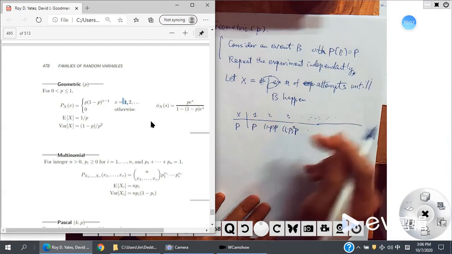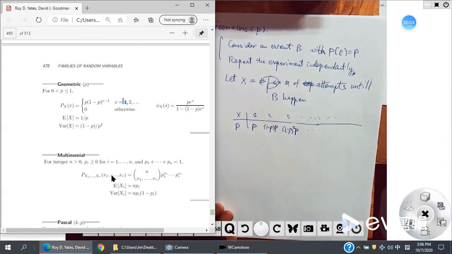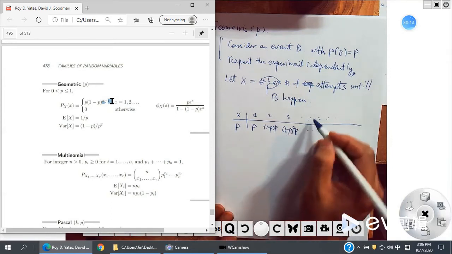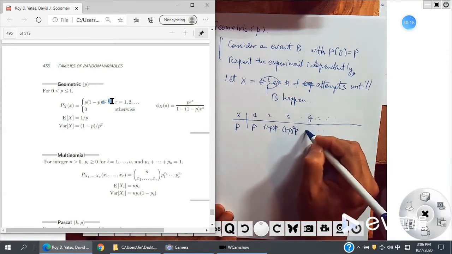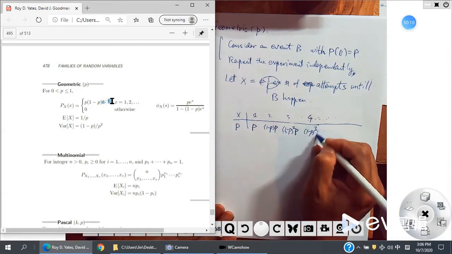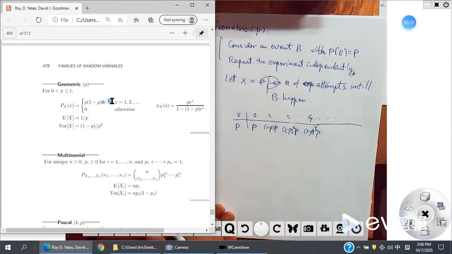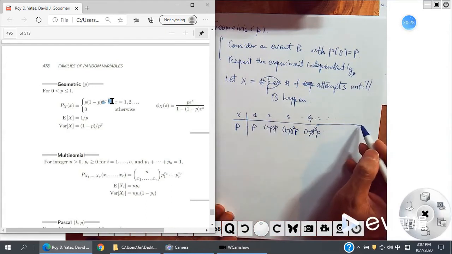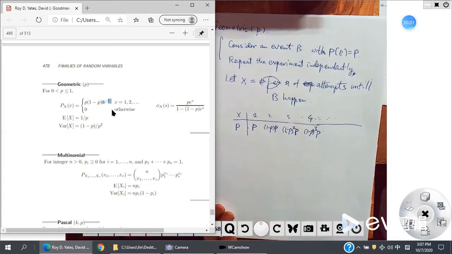So now you see the mass function is P times 1 minus P with some power, right? So this is the mass function for all the positive integers, and of course it is 0 otherwise.